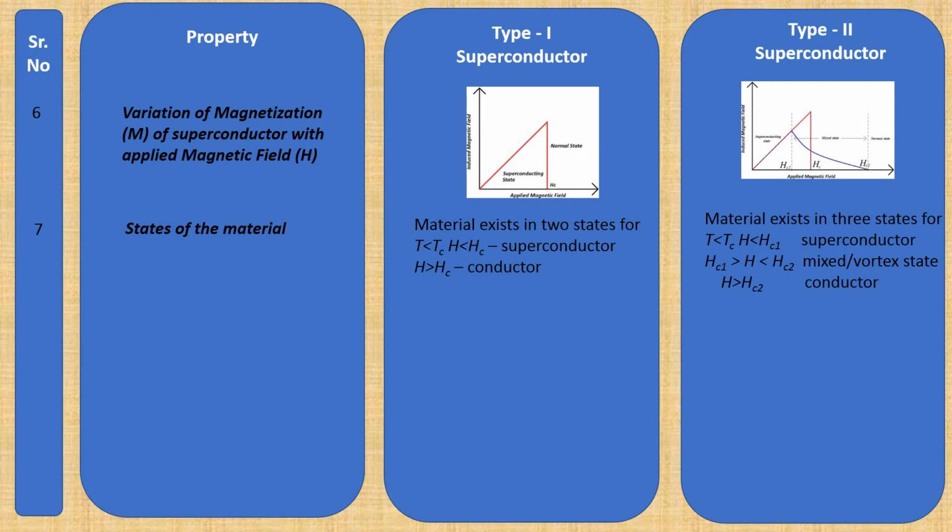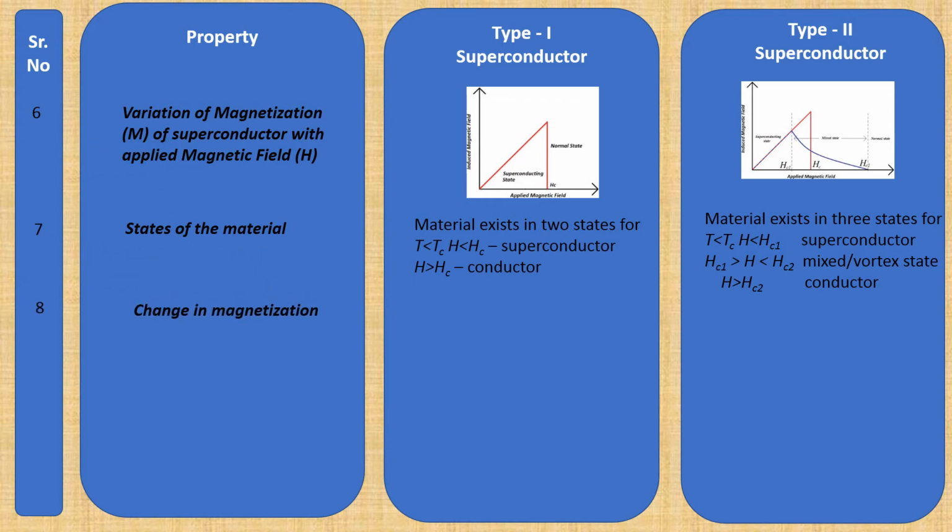Next, when the field is greater than the lower critical field and less than the higher critical field, the state is mixed or vortex state. And when the applied magnetic field is greater than the higher critical field, the type 2 superconductor shows a normal conducting state.